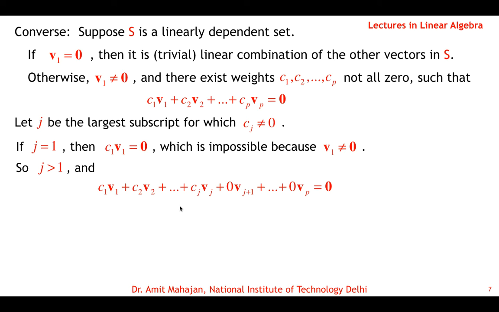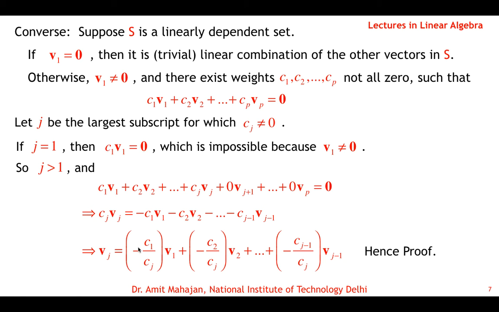So this equation can be written as cj vj with all other vectors going to the other side: minus c1 v1 minus c2 v2 minus so on minus c(j-1) v(j-1). Because cj is a non-zero number, we can divide by cj and write vj as minus c1 by cj v1 plus minus c2 by cj v2 plus so on minus c(j-1) by cj v(j-1). So clearly vj is a linear combination of the preceding vectors v1, v2, ..., v(j-1).